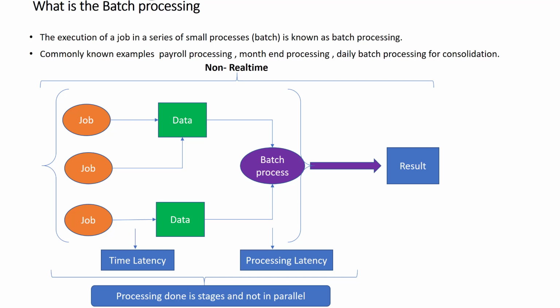What we mean by that is, let's say there are 5 jobs. Most likely job 1 would run before 2, and job 2 would run before 3. Because you're doing sequential processing, you're adding latency to the actual processing. In the end you get the result. So in summary, in batch processing, the processing is done in stages and not in parallel.